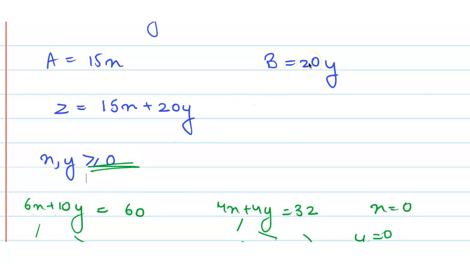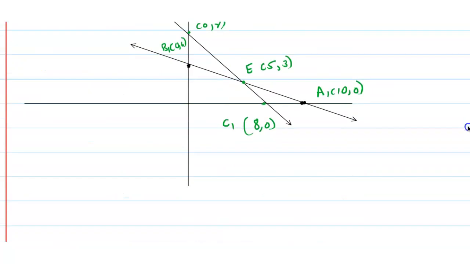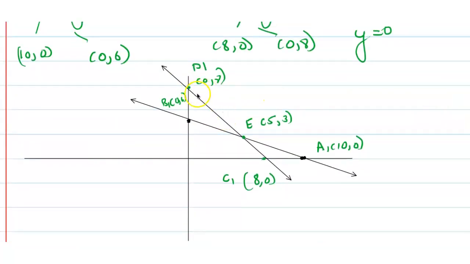Okay, so the feasible region will be determined by these, both inequalities have the region away from the origin, right? So the feasible region will be this. Okay, so this is your feasible region.